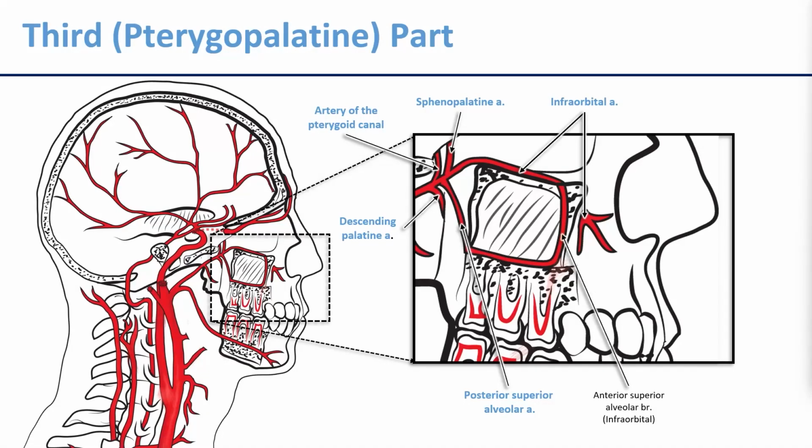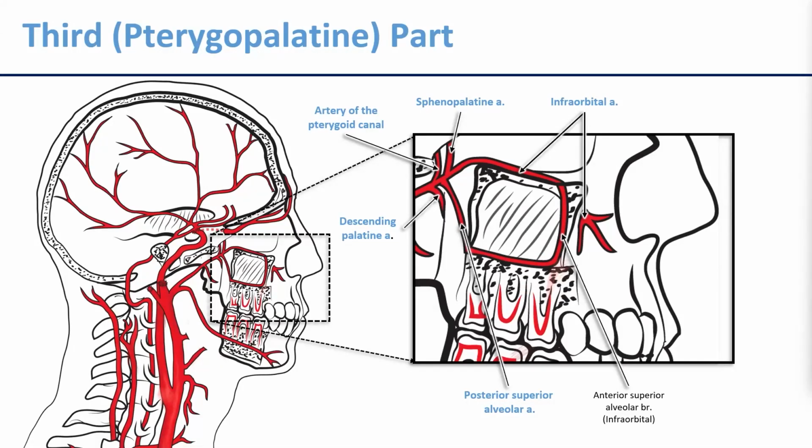And then the infraorbital artery will give off the anterior superior alveolar artery, which will anastomose with the posterior superior alveolar. So here's posterior superior alveolar. That's so many words. And then here's the anterior, and they anastomose in the body of the maxilla, and those branches coming off that anastomosis then will go to the maxillary teeth.